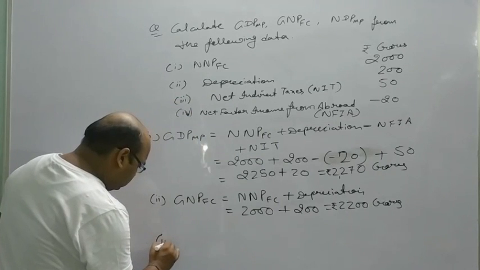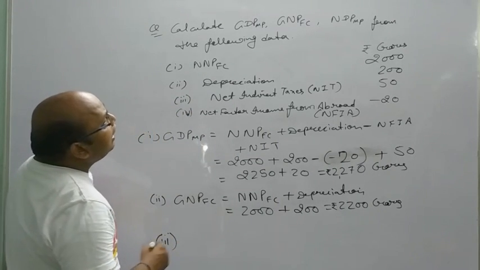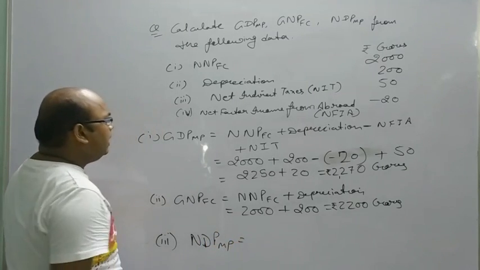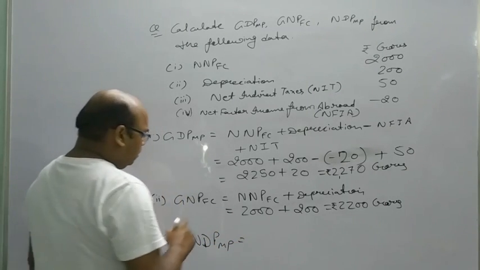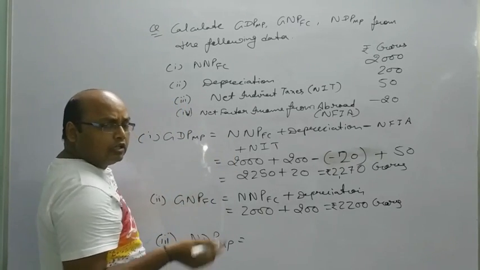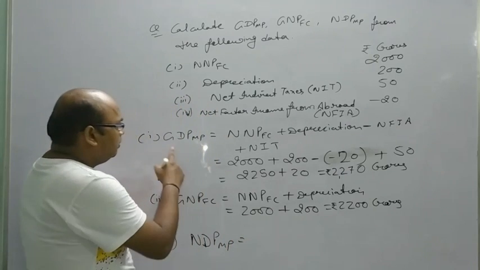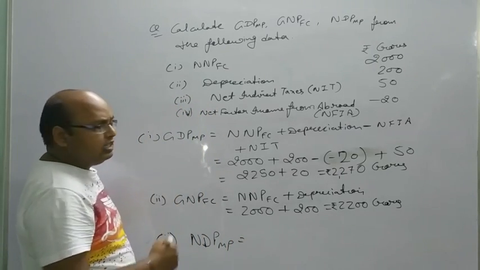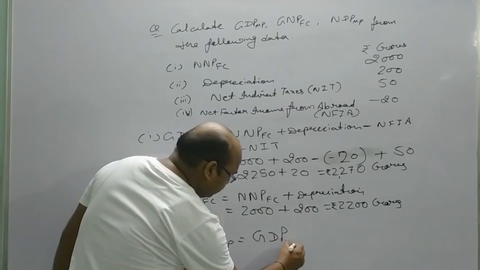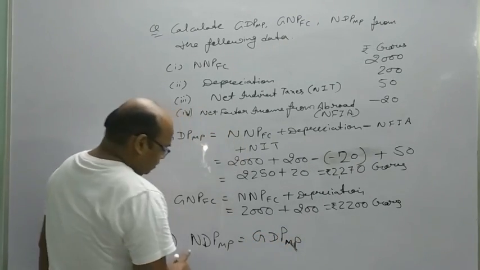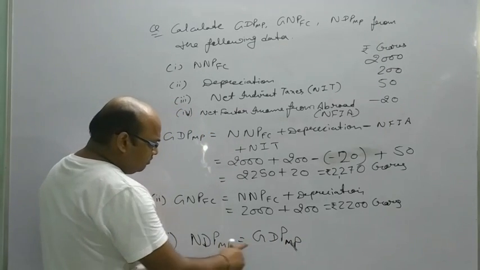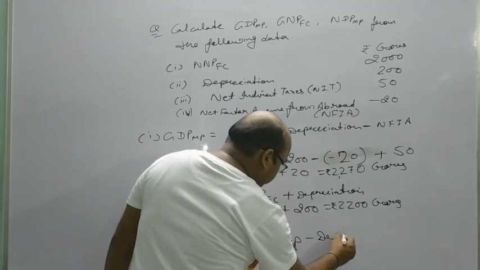And the third one is NDPMP. We have GDPMP, GNPFC and NNPFC. We can calculate with either one, but we choose whichever makes our work easy. So we calculate with the help of GDPMP. The net-gross relation is depreciation: net is equal to gross minus depreciation.